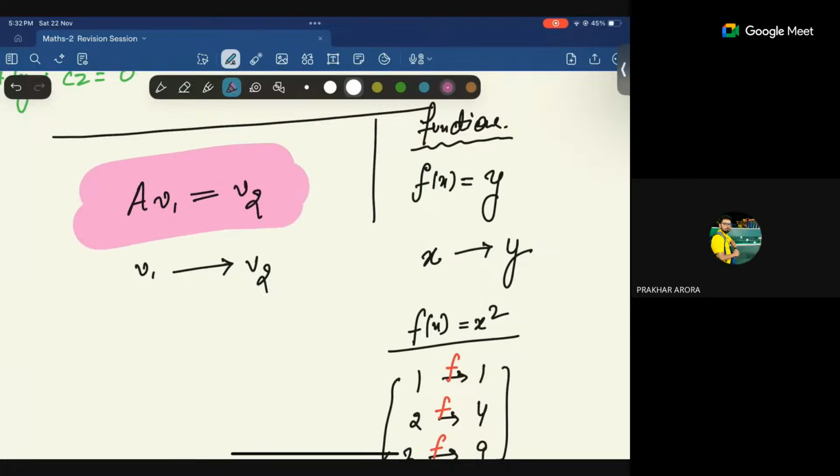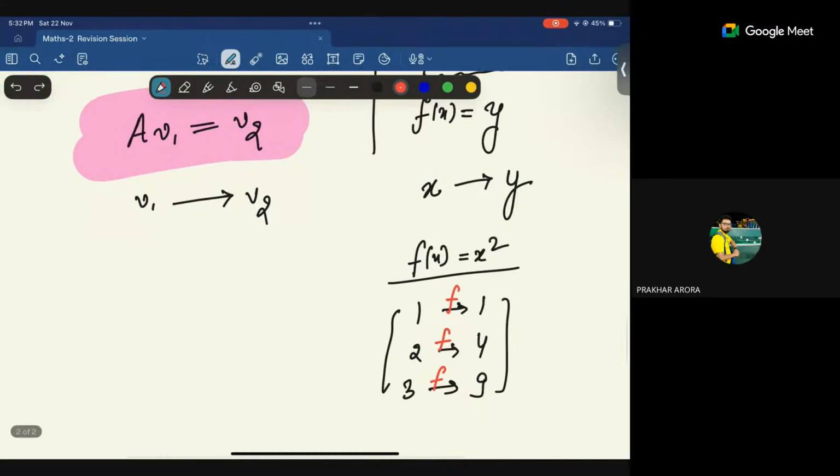If you understood that this is the same as this and that this is the same as this, then this topic is done for you. Here v1 is the vector, v2 is the transformed vector, and A is the matrix.